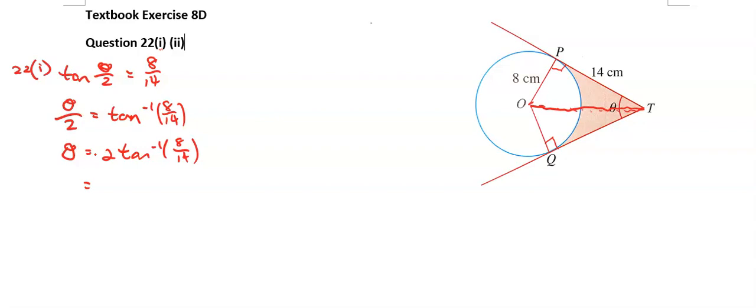Alright, so remember, when you press inverse tangent on your calculator, you've got to make sure that your calculator is in radian mode. So how to check if your calculator is in radian mode? There's a small letter on the top row of the display. It should read R instead of D. By default, once you reset your calculator, it is in degree mode and there will be a small D on top.